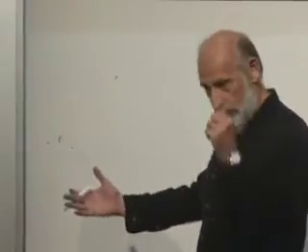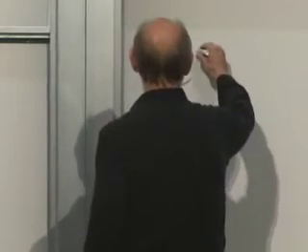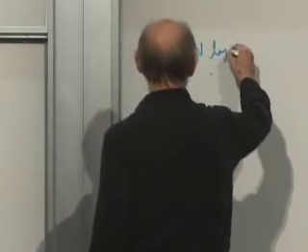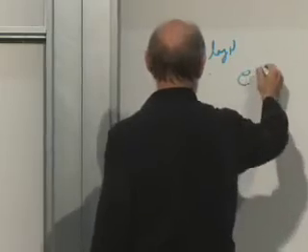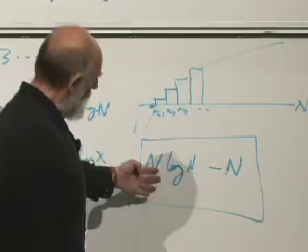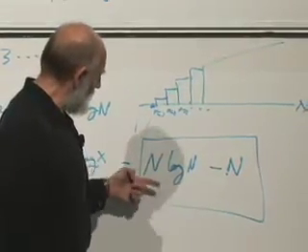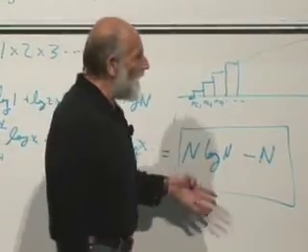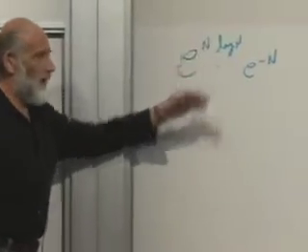Just to complete the calculation, we now want to exponentiate it. All right, so we want to take e to the n log n, e to the minus n. We have the sum or the difference of two terms. When I exponentiate it, I will get e to the n log n. What's e to the n log n?